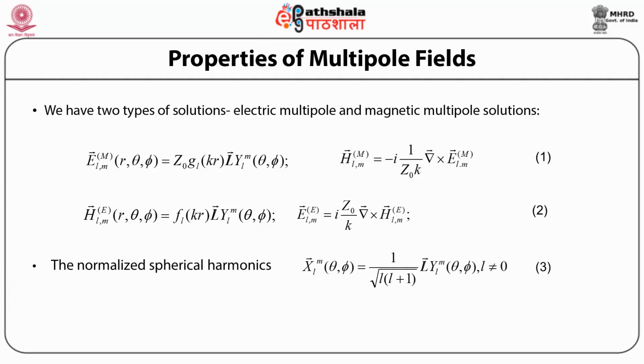The normalized vector spherical harmonics are X vector LM(theta,phi) is equal to 1 divided by the square root of L into L plus 1 into L vector Y_LM(theta,phi), where L is not equal to 0.